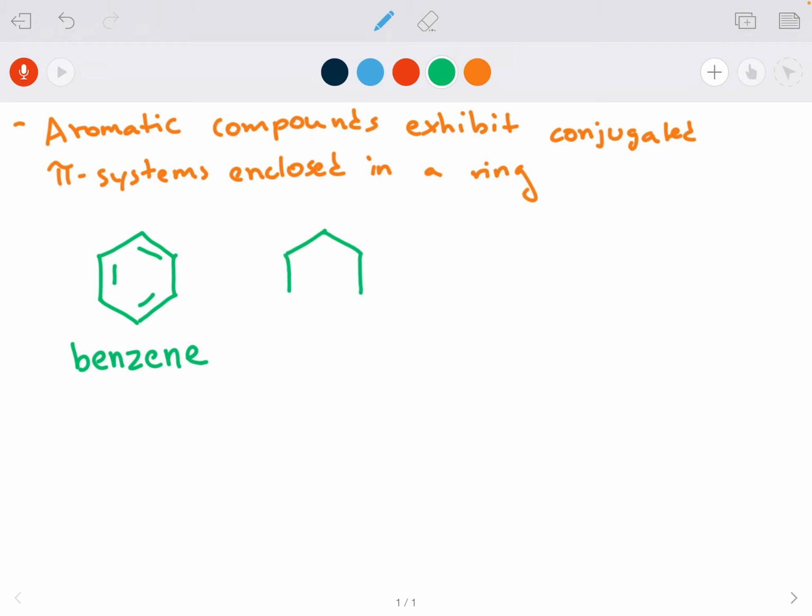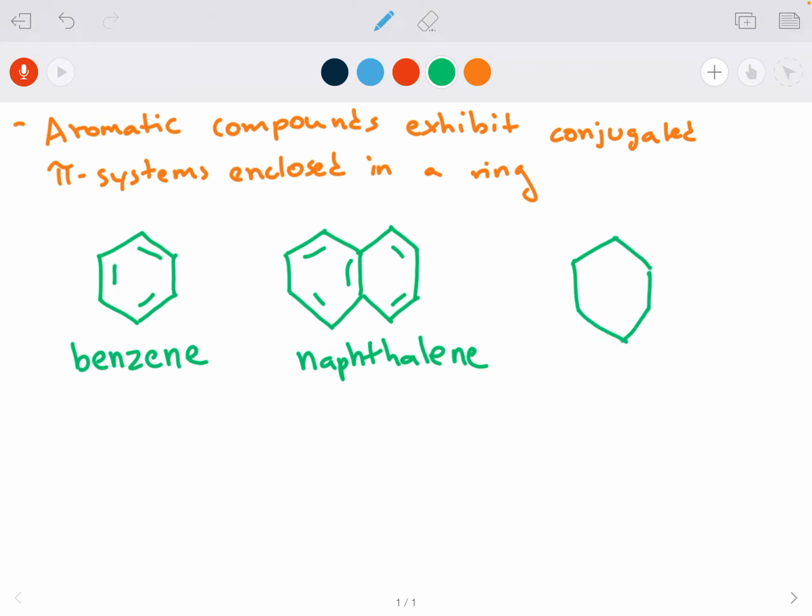So two benzene rings fused together is another aromatic compound. Naphthalene. You can also have different substituents on the benzene ring. So phenol, this is another aromatic compound.